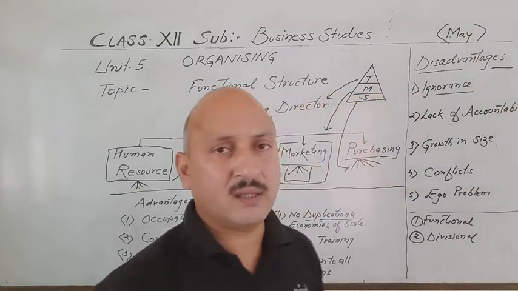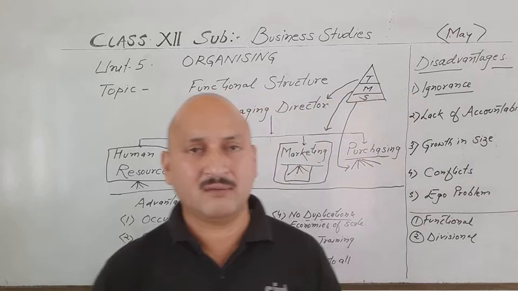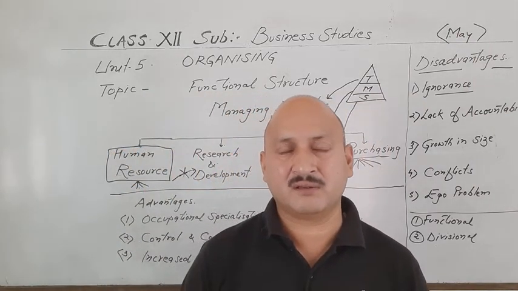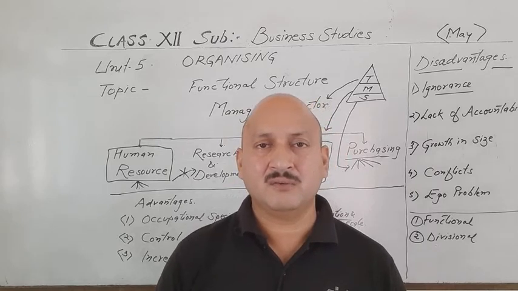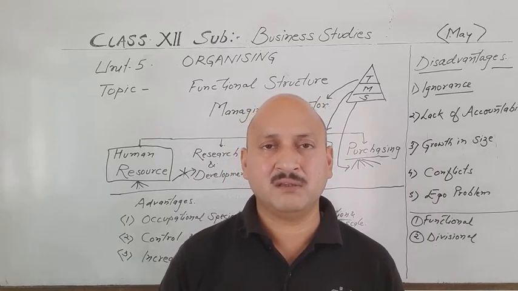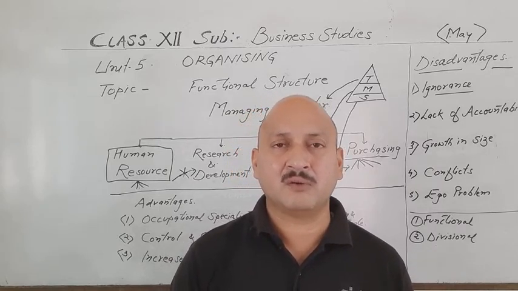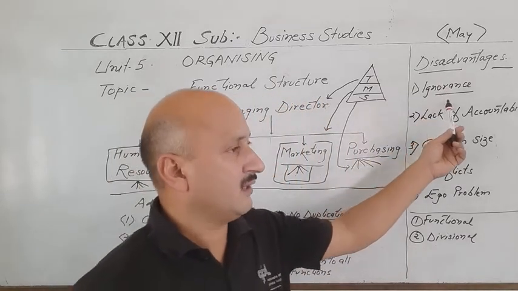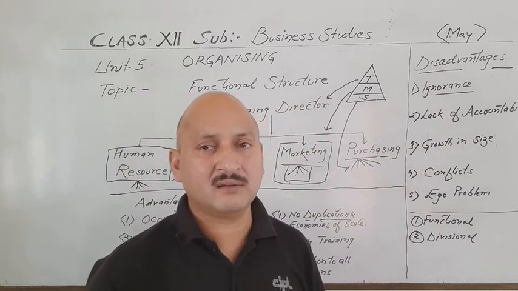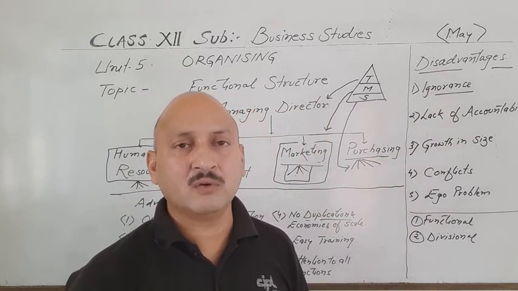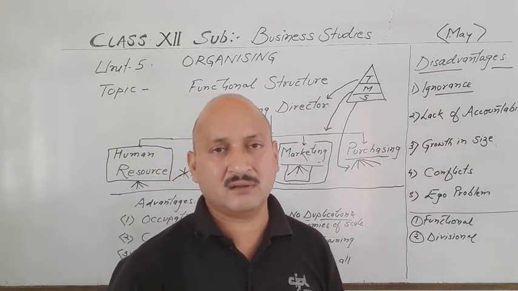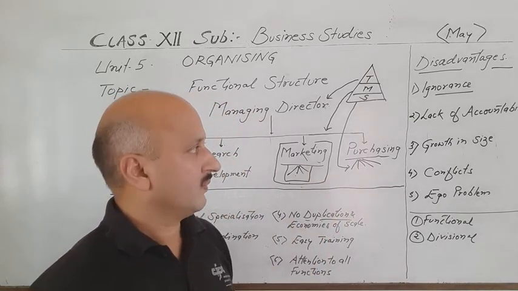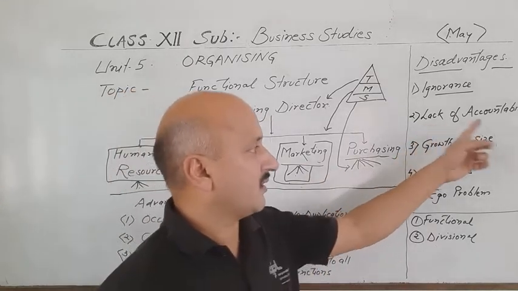Whenever we are writing the limitations of any topic, we can use the word "may". May means maybe or may not be. So there may be a possibility that the organizational interest can be ignored by the specialist or by the functional head. Next is lack of accountability.